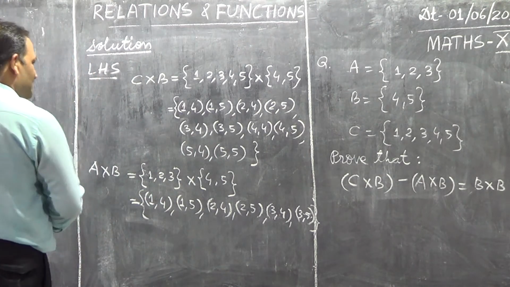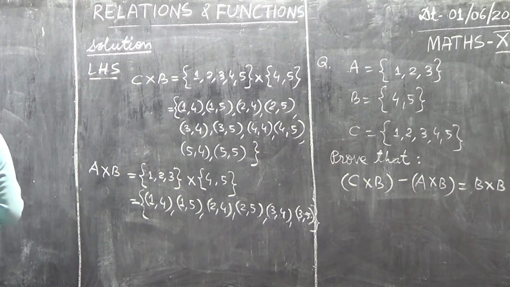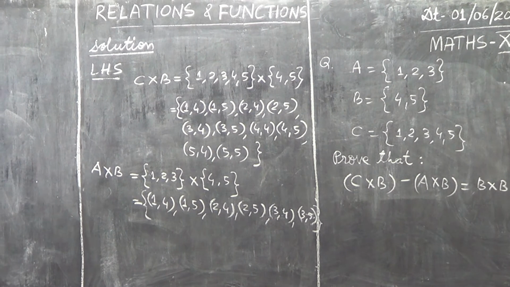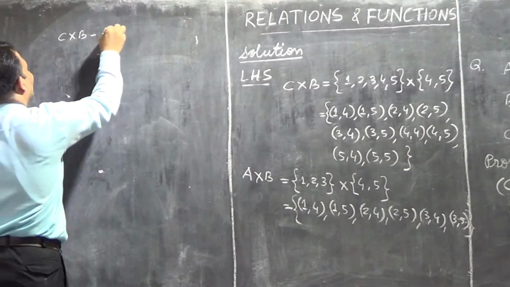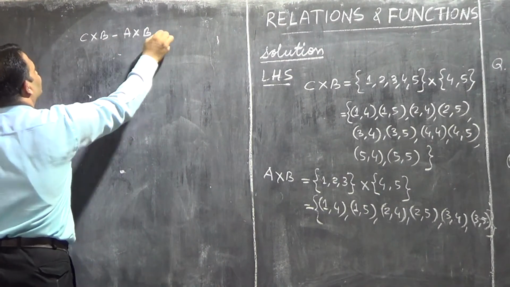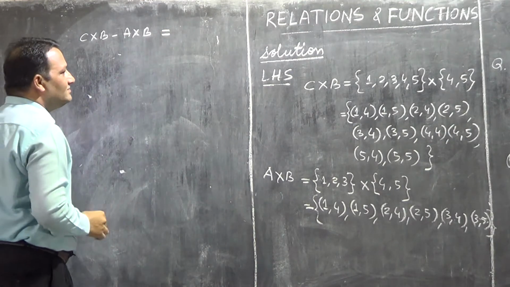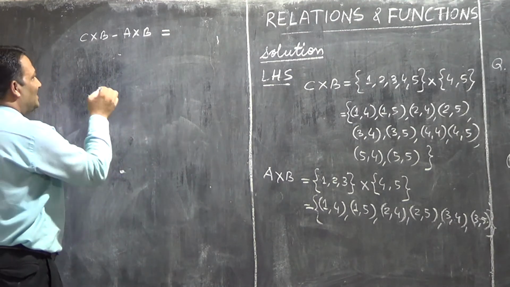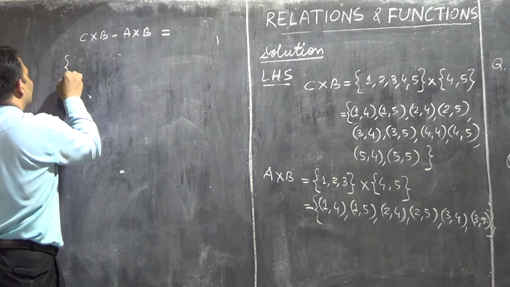Then C cross B minus A cross B equals. So we will write those elements here.